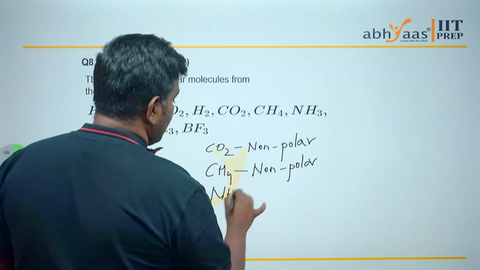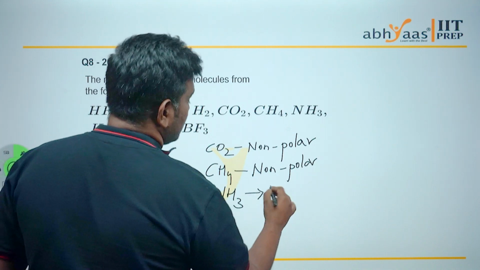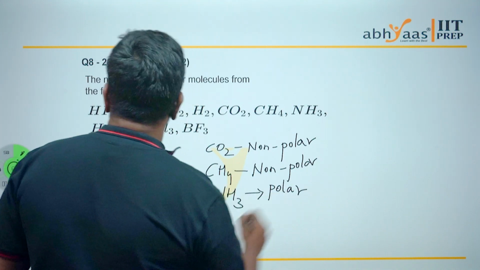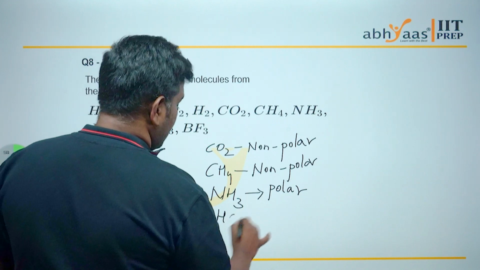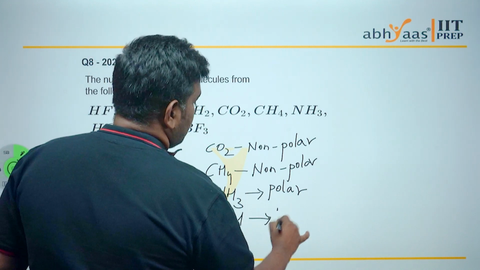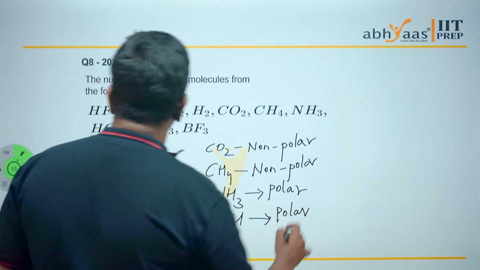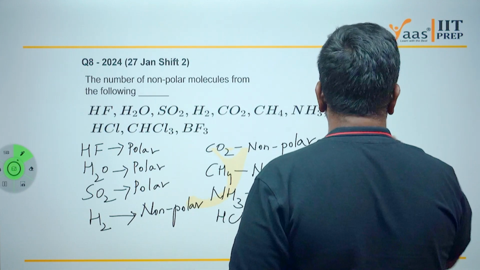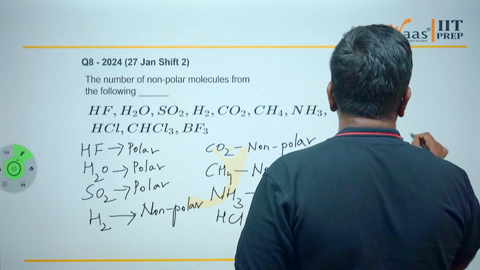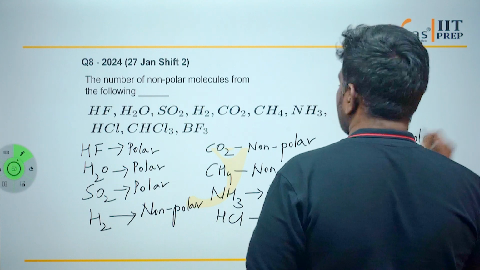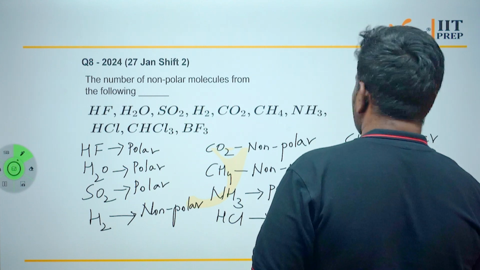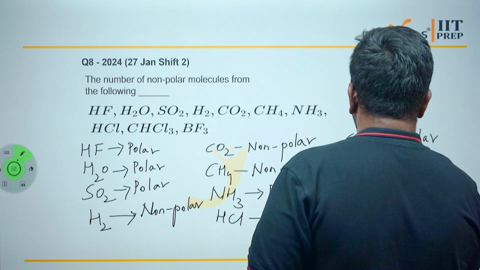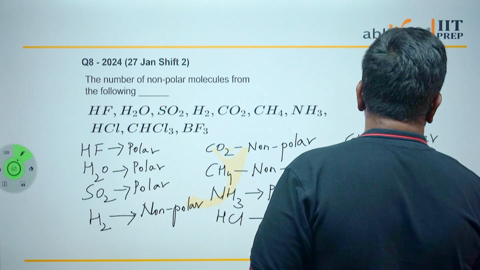NH3, as we have seen, has a dipole moment, so it is polar. Then HCl has a dipole moment, so it is polar. Then CHCl3, which we saw just before, has a dipole moment, so it is polar. And BF3 will be non-polar.